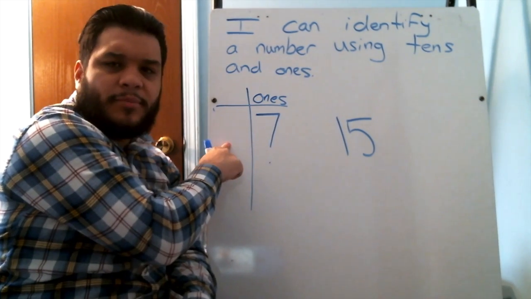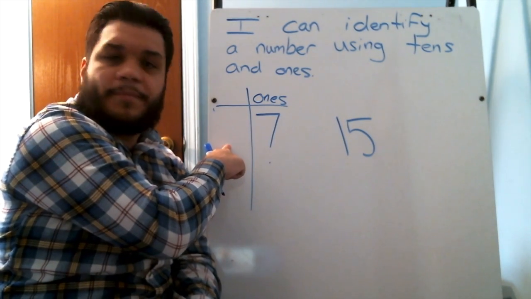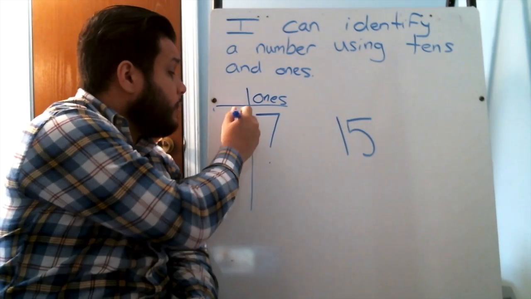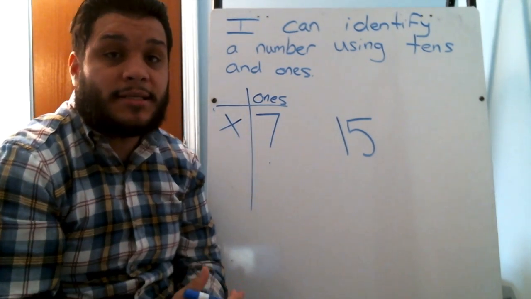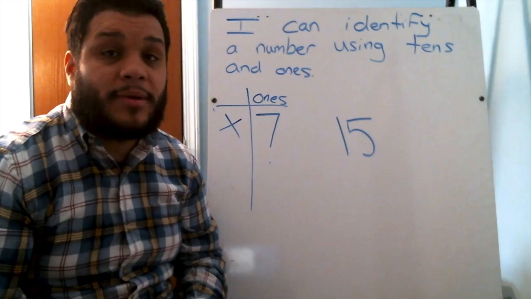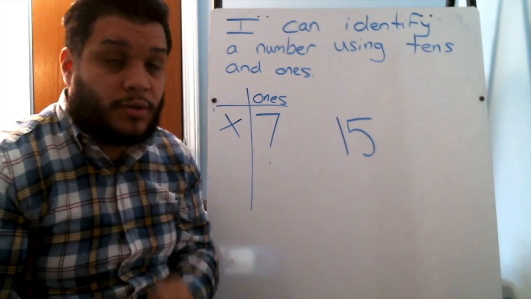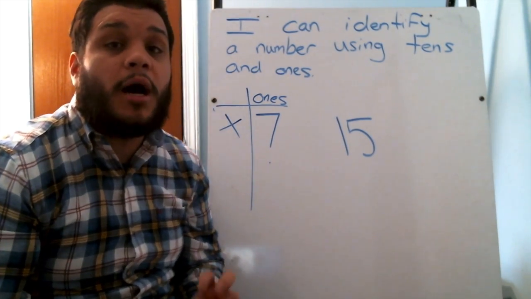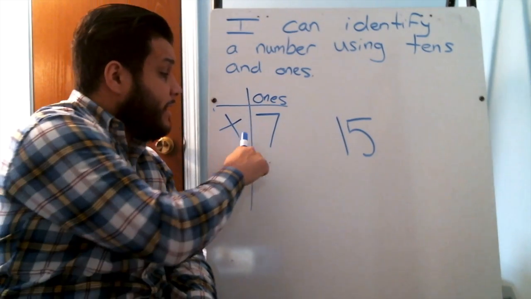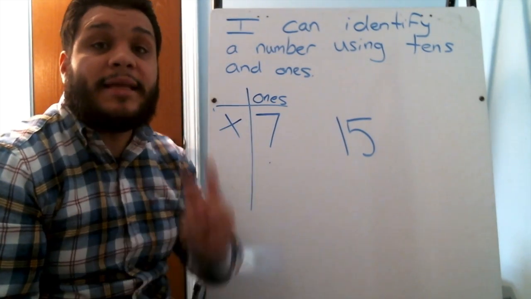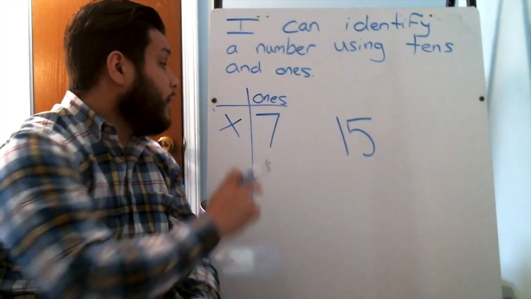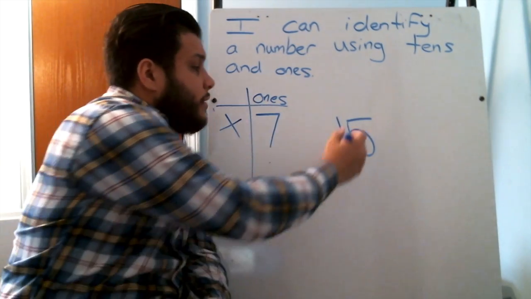Do I have a number in my tens place? In the number 7, there's no number in the tens place, which lets me know that this cannot be a two-digit number, because in order to be a two-digit number, I need to have how many digits? Yes, 2 digits. 1 in the tens place and 1 in the ones place.